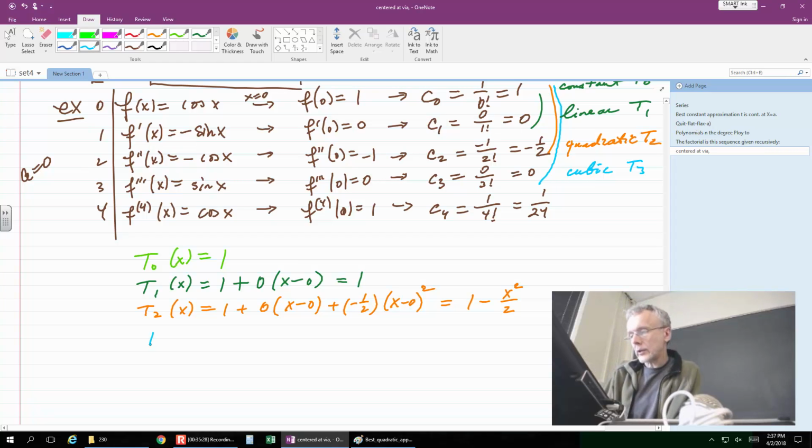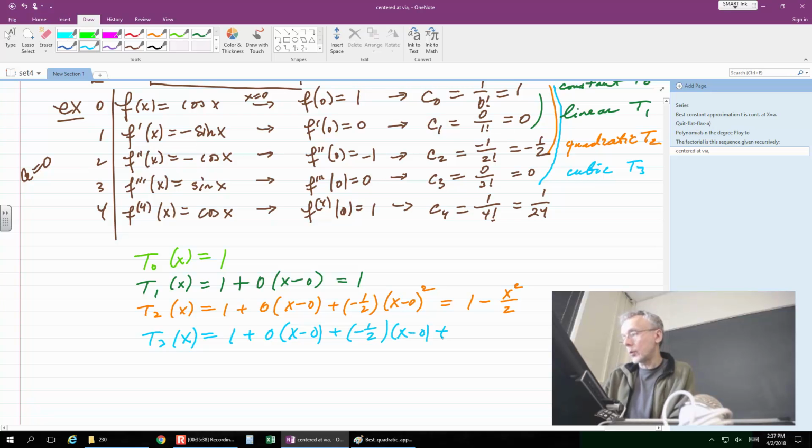The cubic one, T3: once again I am recycling the first three terms, 0 times x minus 0 plus negative 1/2 times x minus 0 squared, and then one more term. The coefficient is 0, times x minus 0 cubed, and then it turns out that there is no difference. Once again, we're adding a term with 0 coefficient, which means that we're not adding anything, so it's the same polynomial.